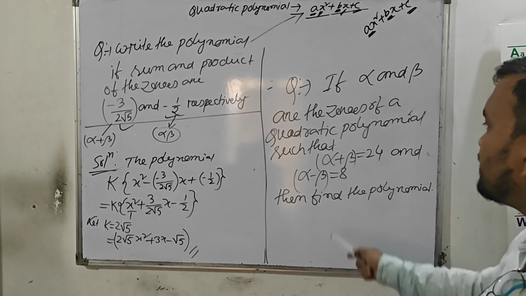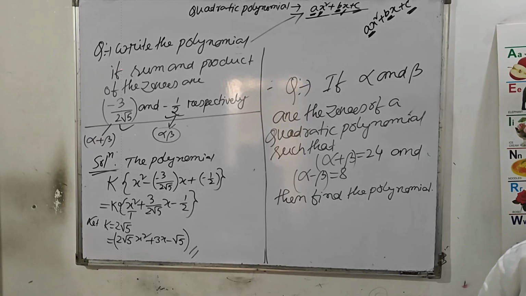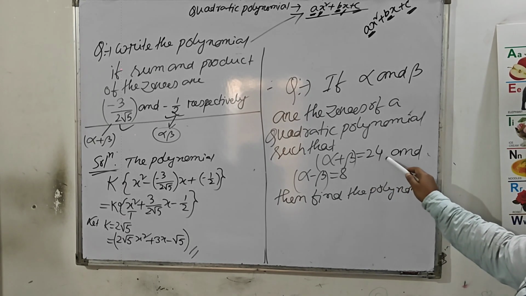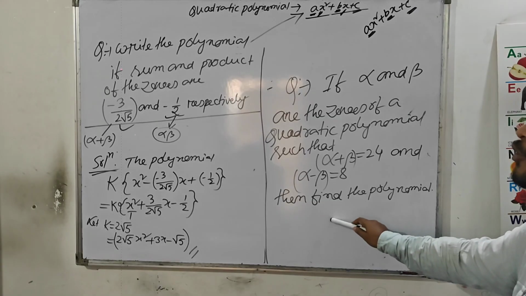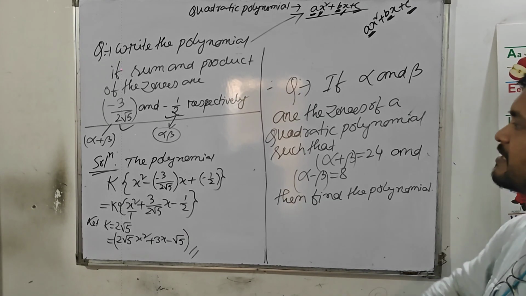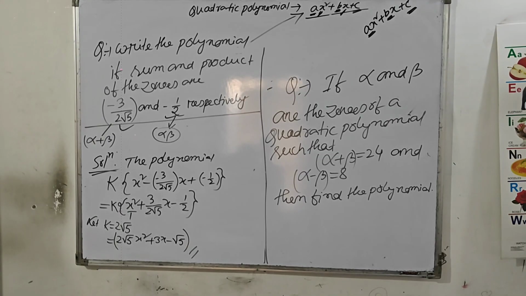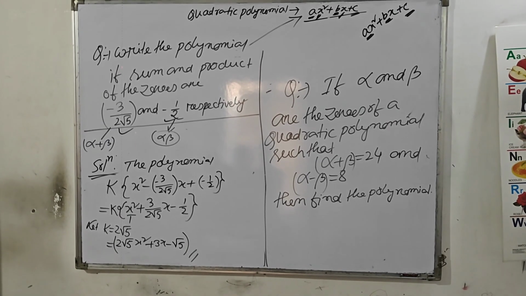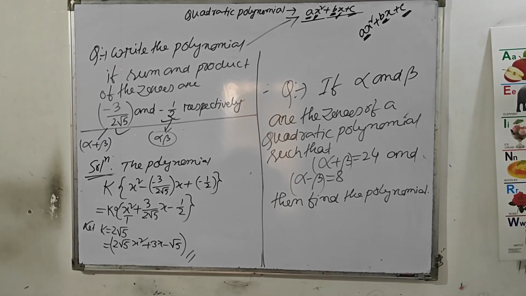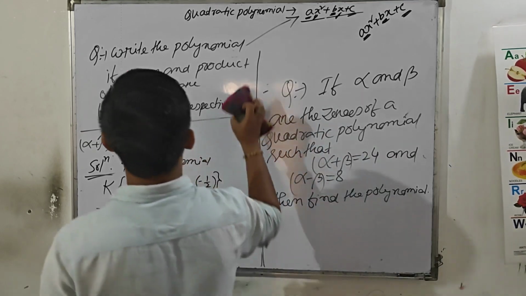After that, you can easily find product of the zeros, that is alpha into beta. After knowing alpha plus beta, which is already given, and alpha into beta, you can easily create the polynomial as I have taught you. Let me show you.